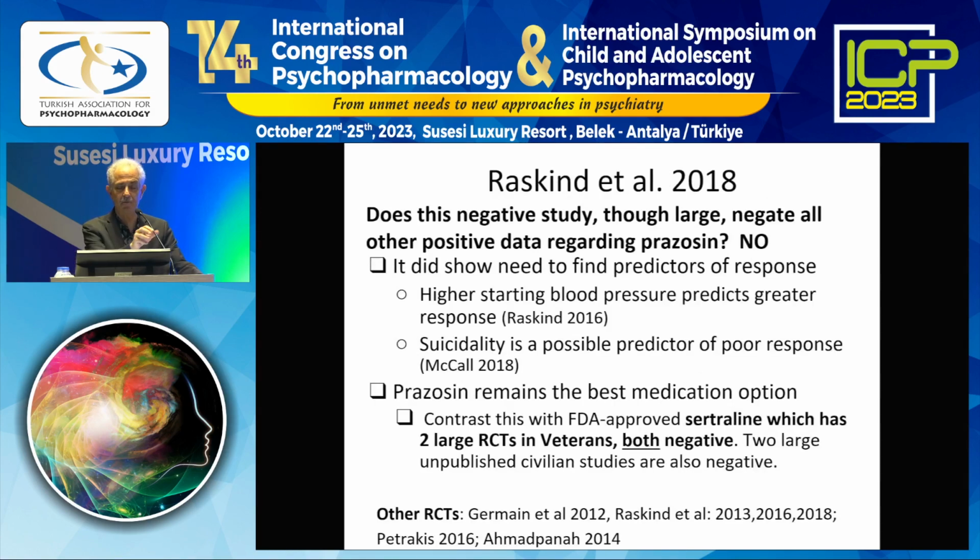But then came the Raskin et al. 2018 study, which convinced many people that prazosin does not work because it was large, multi-center, VA-sponsored. It's very hard to get anything to work in VA studies, by the way. They're a very tough group of patients. They don't respond well to schizophrenia treatments, depression treatments. However, they didn't respond in this study to prazosin.